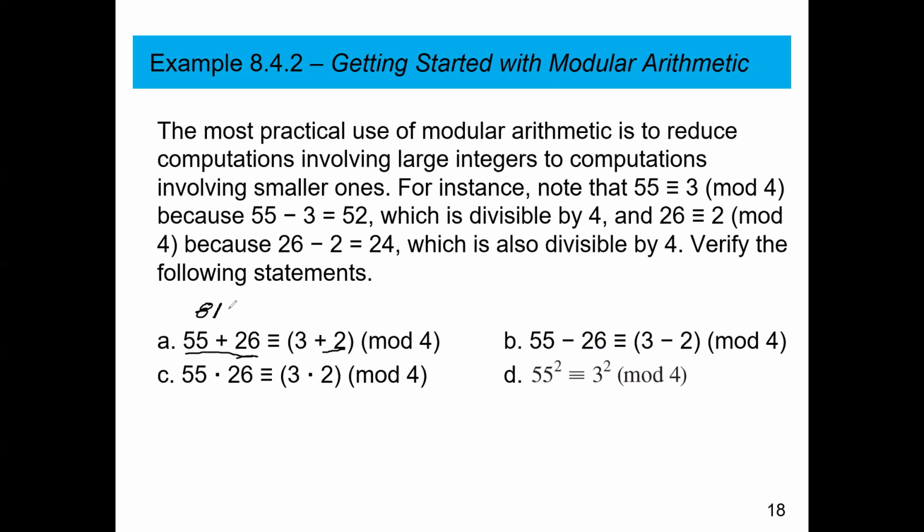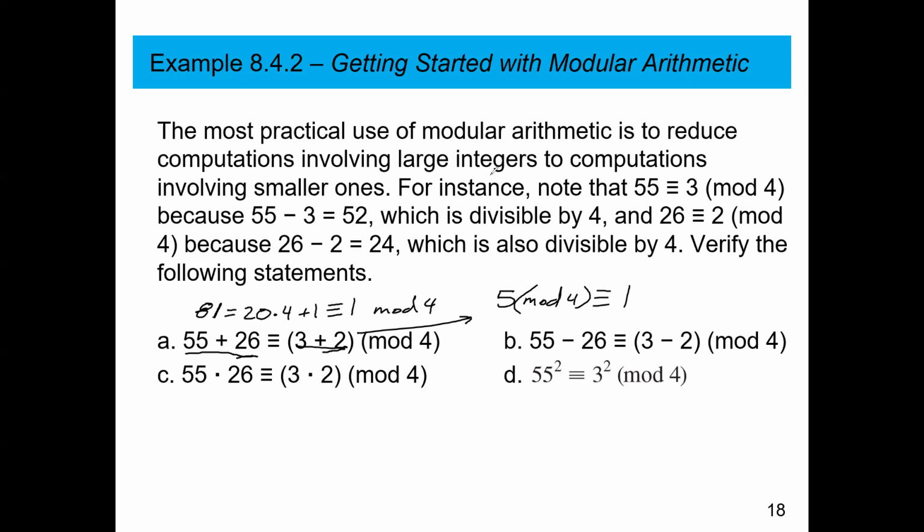But 81, quick reminder, mod 4 is 20 times 4 plus 1 more, so that's congruent to 1 mod 4. This, on the other hand, is 5 mod 4, which is congruent to 1 because it's just a remainder of 1. It's just 1 more than 4.